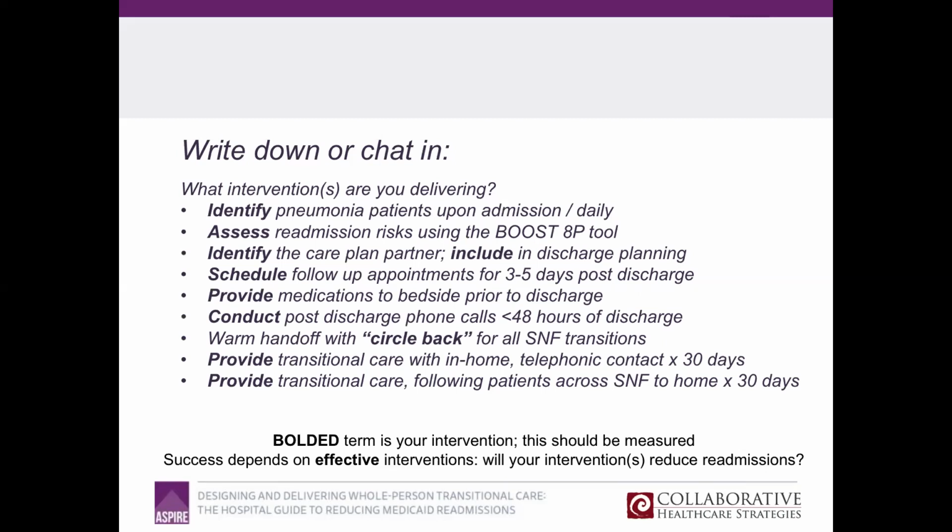So what I want you to really think about as I prompt these questions is there's a whole bunch you're doing, and one of the beautiful things about the Knockout Pneumonia campaign is there are things we're doing to effectively treat pneumonia patients to reduce pneumonia mortality.